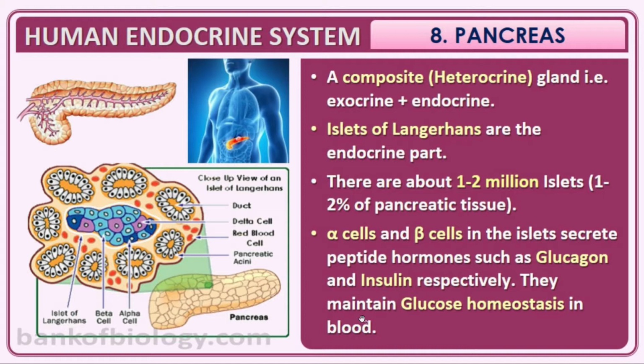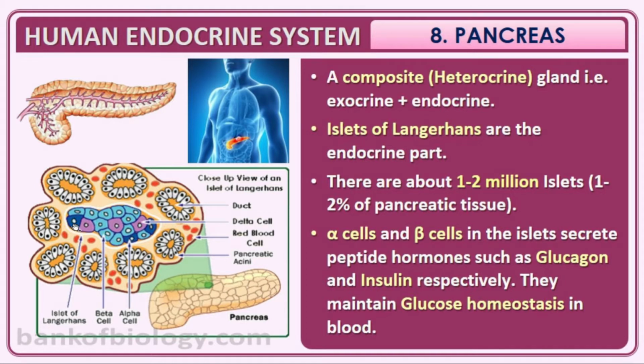So they maintain glucose homeostasis, the blood sugar level. Here we can see the islets of Langerhans with two types of cells, alpha cells and beta cells. Nearly 1 to 2 million islets are present in the pancreas.